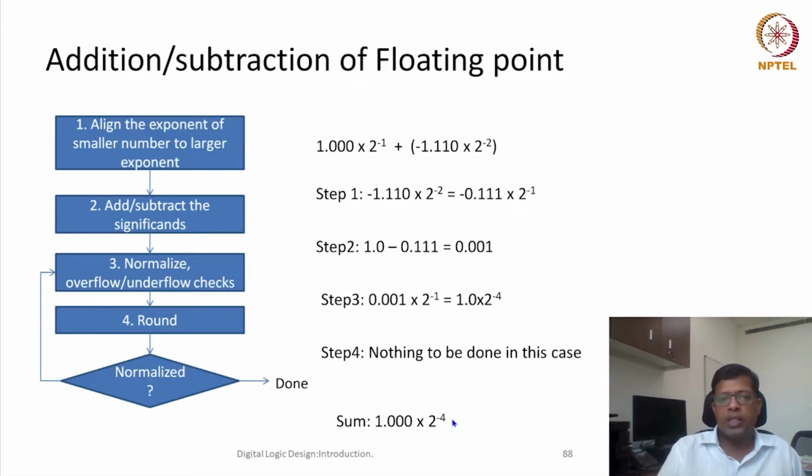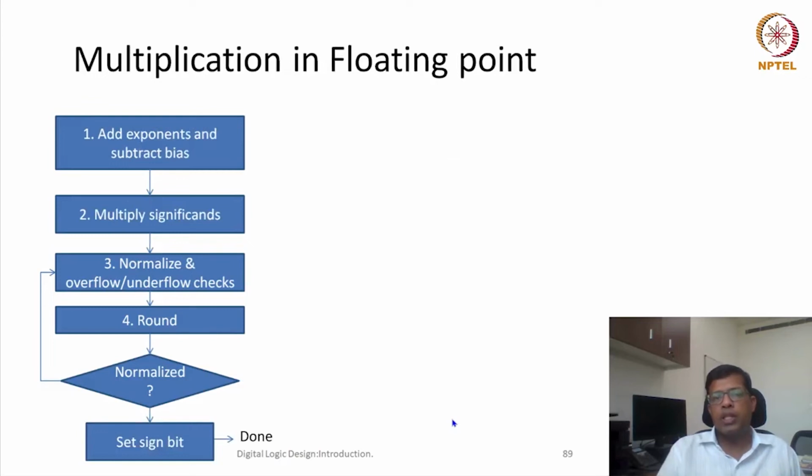Now let us see how multiplication needs to be done. We do multiplication in a very similar way to how we do it with decimal numbers represented in exponent form.